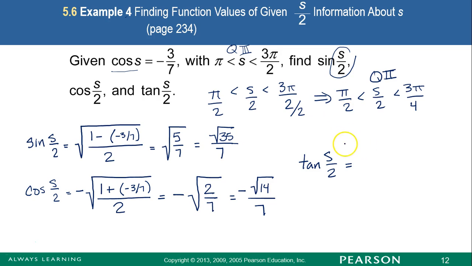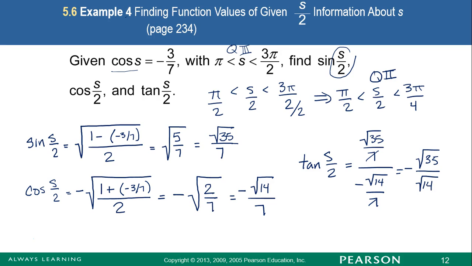So sine over cosine: square root 35 over 7 over negative square root 14 over 7. When you multiply the numerator by the denominator's reciprocal, the 7s cancel out, and we get negative square root 35 over square root of 14.